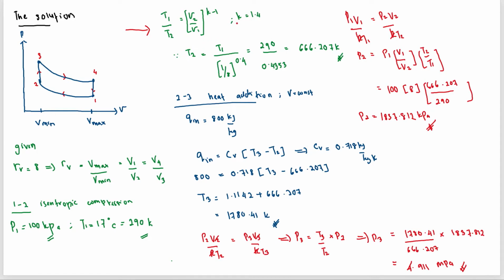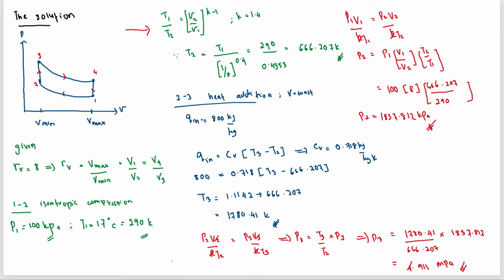Given here k, and the substance is air, therefore k is 1.4. Alright, so I get T2 is equal to 666.207 Kelvin.